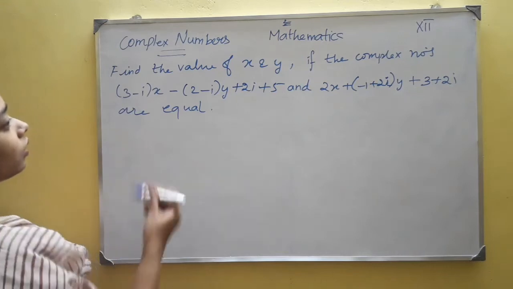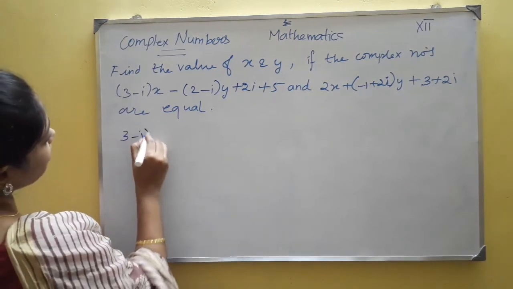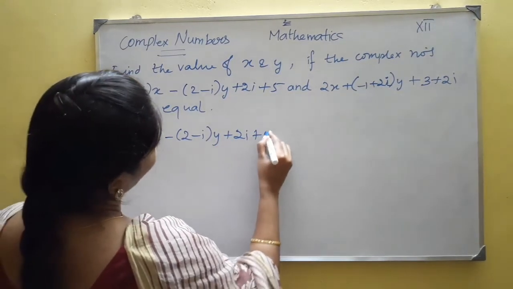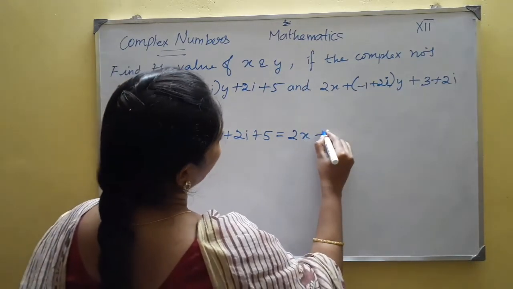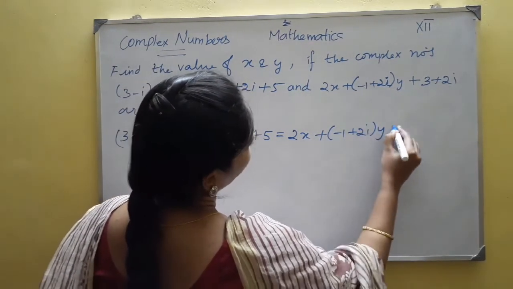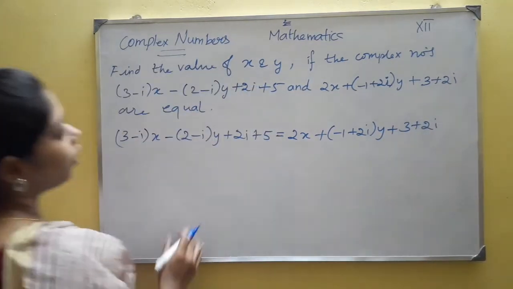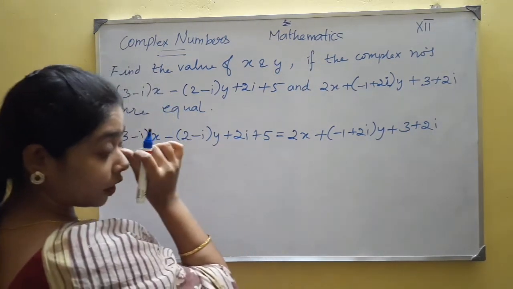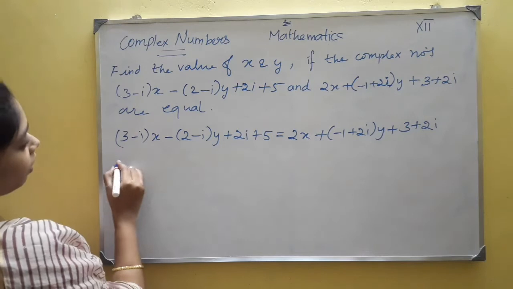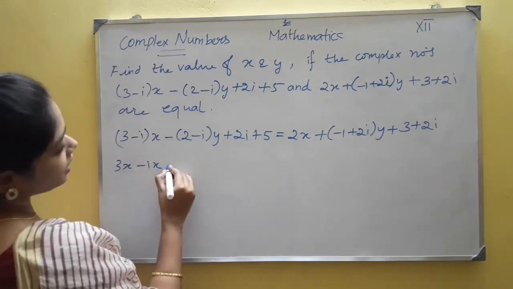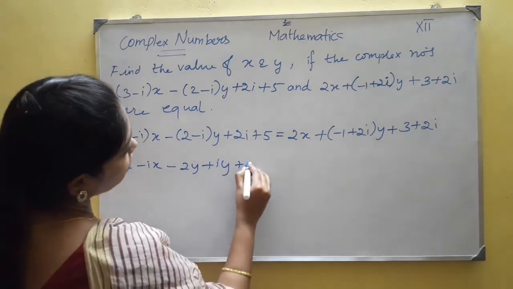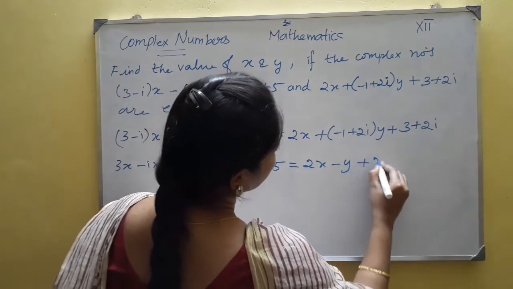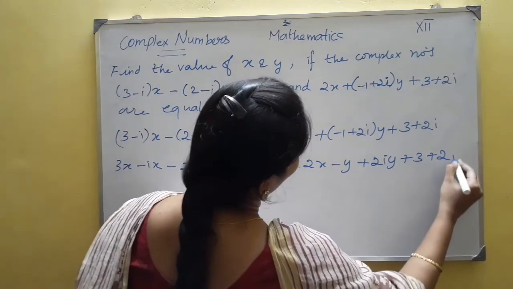Okay. Now, given: (3 minus i) times x minus (2 minus i) times y plus 2i plus 5 equals 2x plus (-1 plus 2i) into y plus 3 plus 2i. Now in this part separate the real portion and the imaginary portion, and in this part also separate the real part and imaginary part. Here: 3x minus ix minus 2y plus iy plus 2i plus 5 equals 2x minus y plus 2iy plus 3 plus 2i.